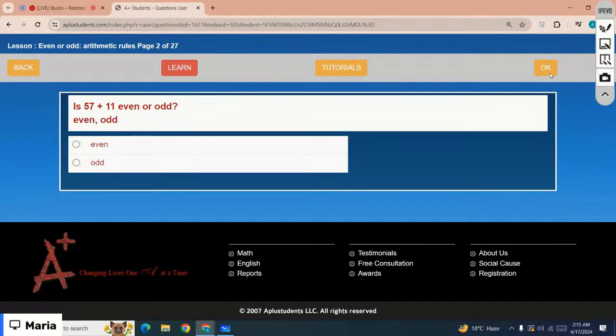The correct option is, you need to add, right? 57 plus 11 is an even number. When you add it, the answer is an even number. Very good. The correct option is even number.